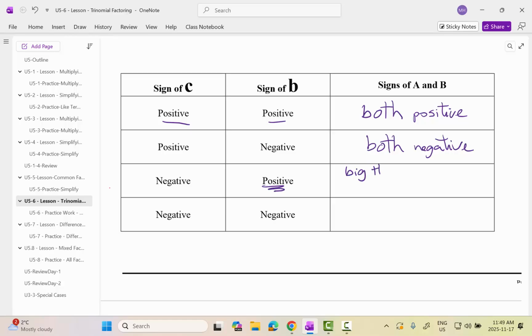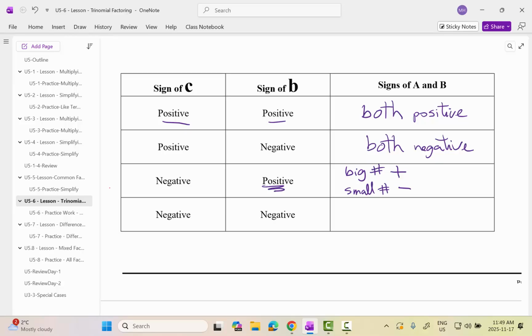Because remember, when you add, if you have more positives than negatives, then you're going to end up with a positive number, right? Even though one's positive, one's negative. If the bigger number is positive, then the result is positive.